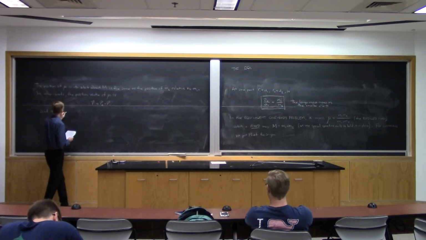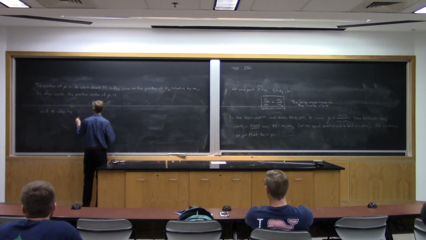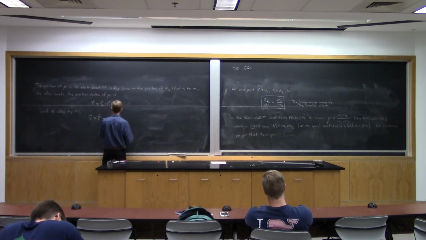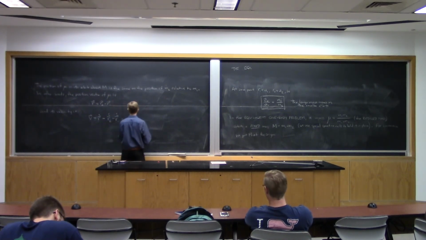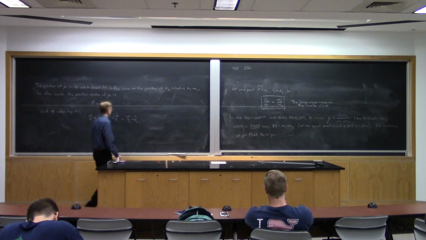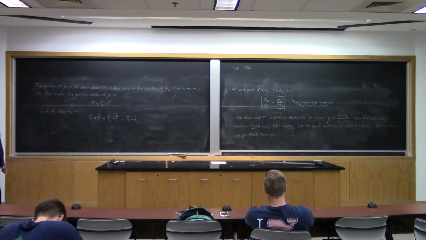And its velocity is v equals r dot equals r2 dot minus r1 dot, or in other words, it's v2 minus v1, which is the velocity of m2 relative to m1.